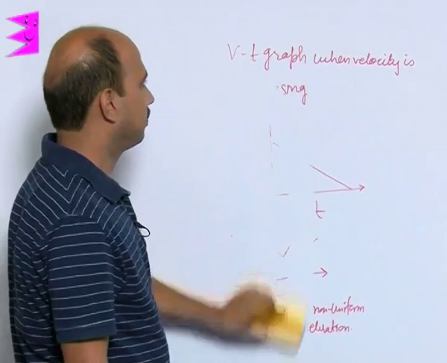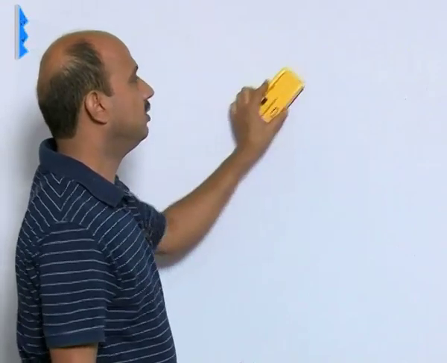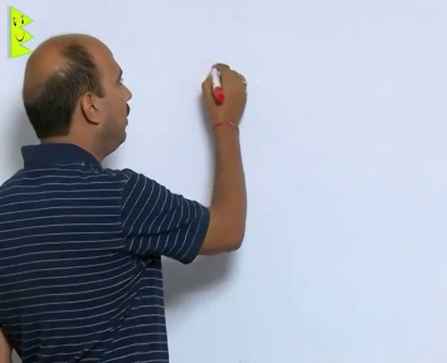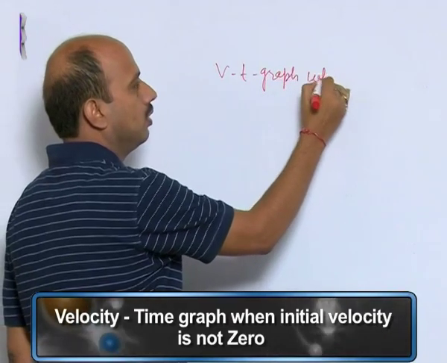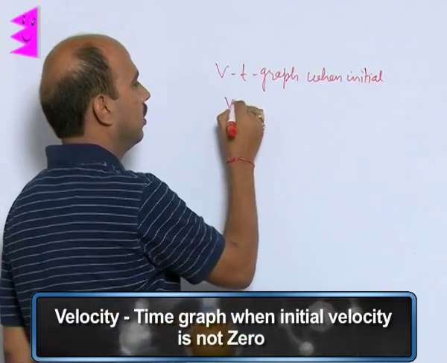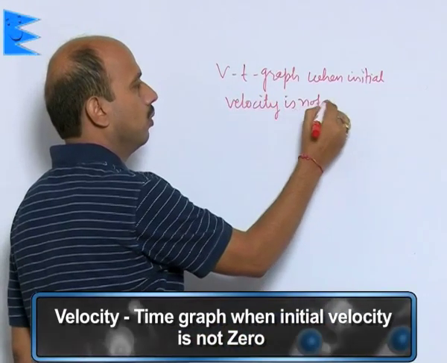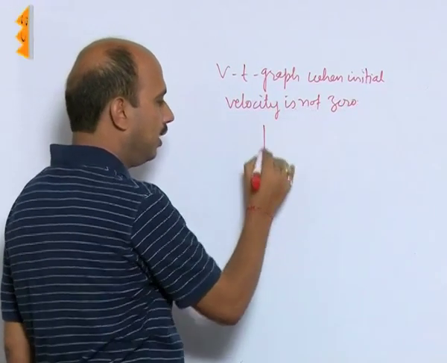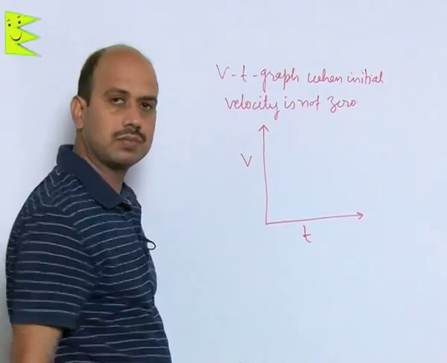Now see another graph. Velocity time graph when body has initial velocity non-zero. See, whatever we were doing till now, everywhere initial velocity was 0. Now we will do velocity time graph when initial velocity is not 0. That graph will be coming like this. See here, this is velocity, this is time.